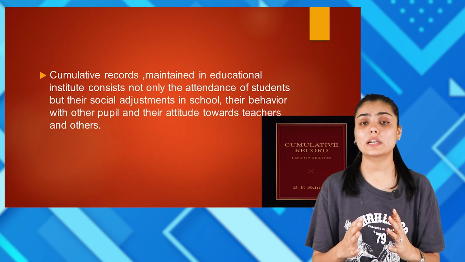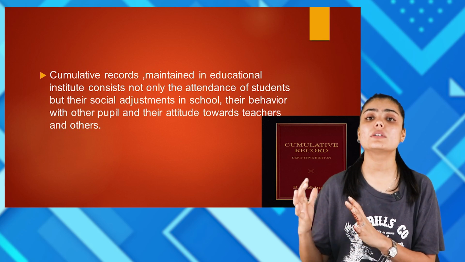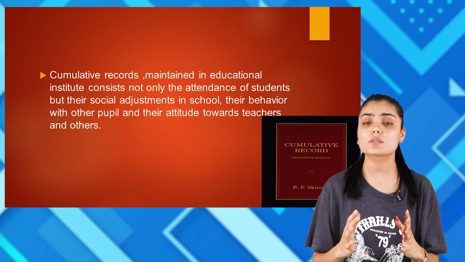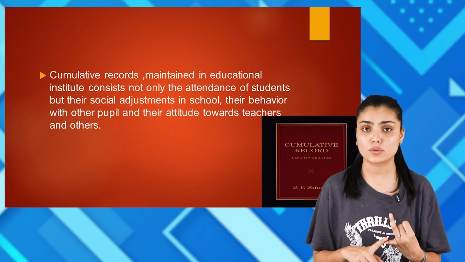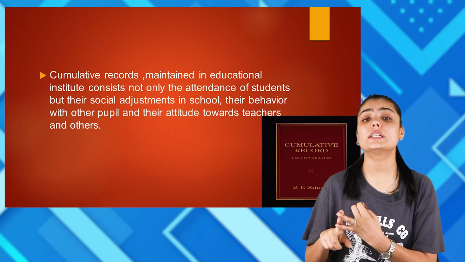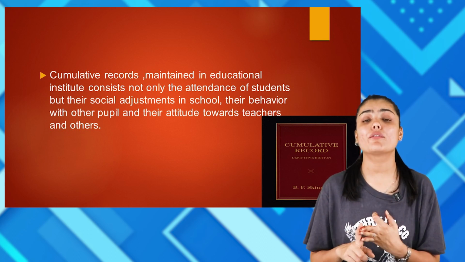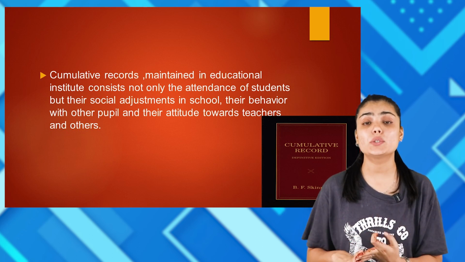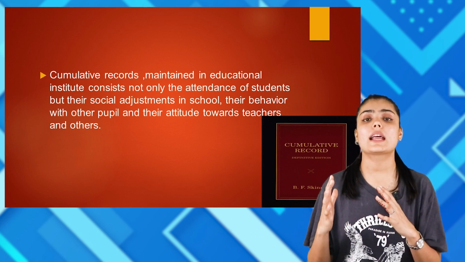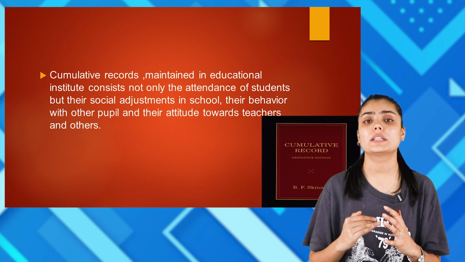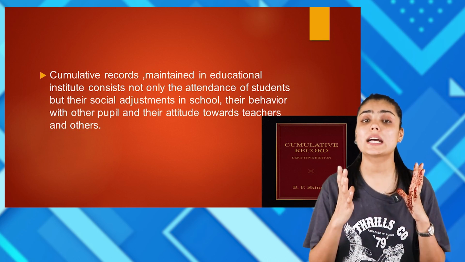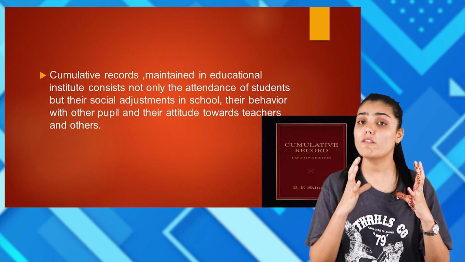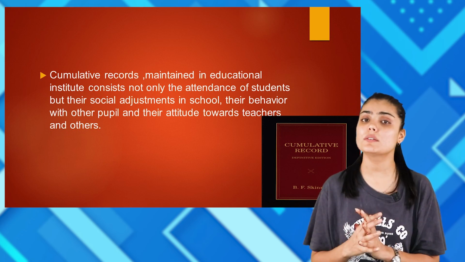Especially the cumulative records maintained in educational institutes consist not only of the attendance of the students, but also the social behavior of the student, the adjustment of the student in the school, the behavior of the individual with other students as well as the teachers in the school, and various other aspects that can be measured during the school period.